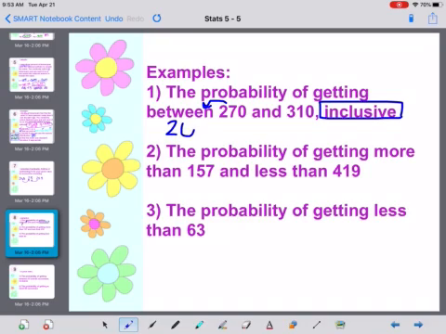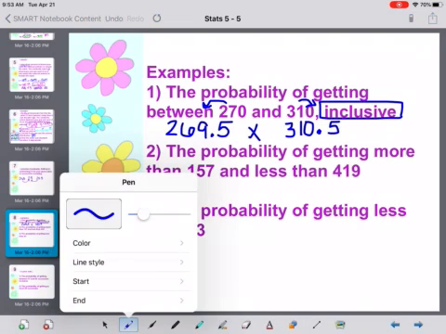Since it's my lower limit, I have to go down to 269.5. Since 310 is my upper limit, I have to go up and think about anything that's going to round back down into 310. So we have to take that to 310.5.